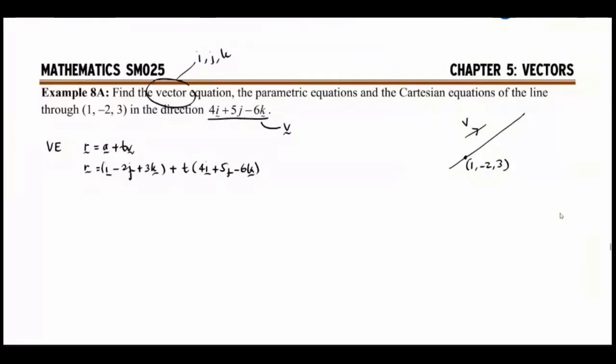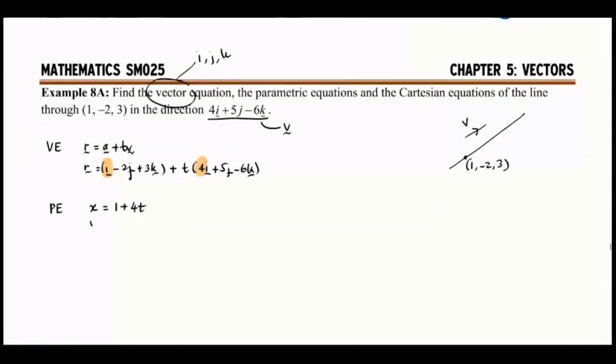Now we can move to the PE, parametric equation. So directly we know that it should be in terms of X, Y, Z. So X equal with the I. So I kita adalah yang ini dan juga ini. So we're gonna have X equal to 1 plus 4t.